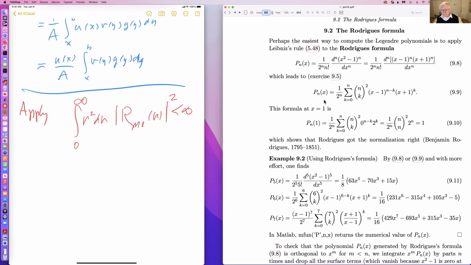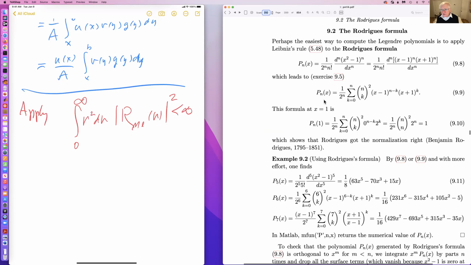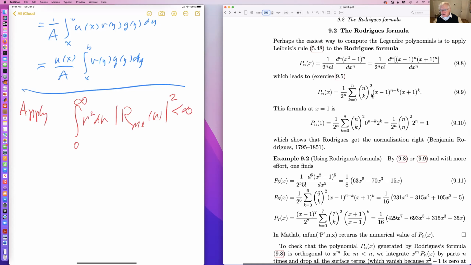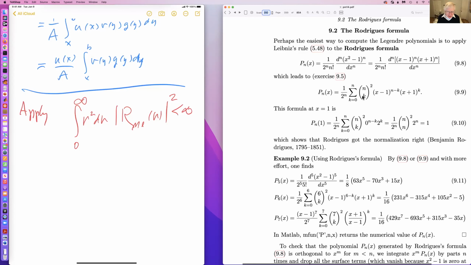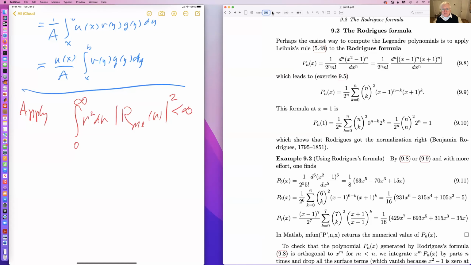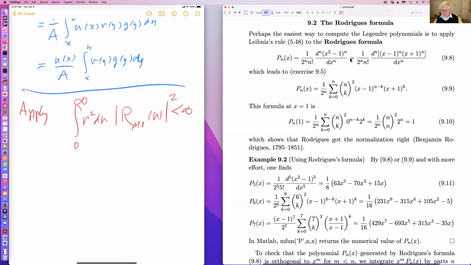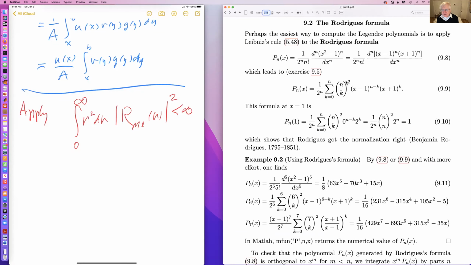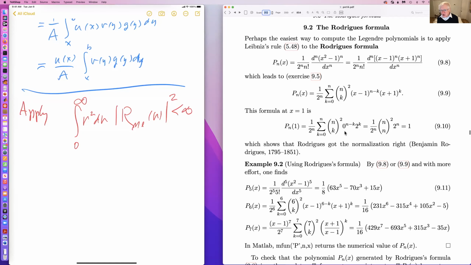And you then get a formula for Pn of x, and it's just this sum of these combinatorial factors times these monomials there.